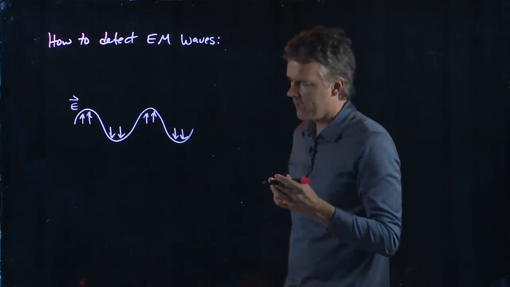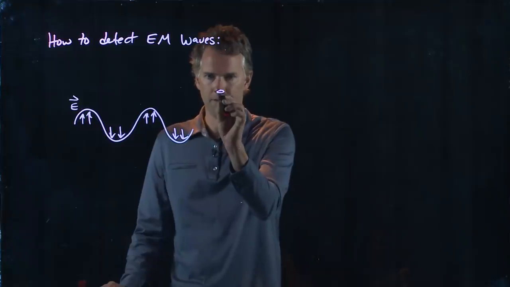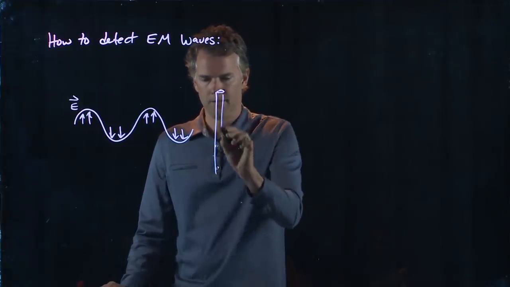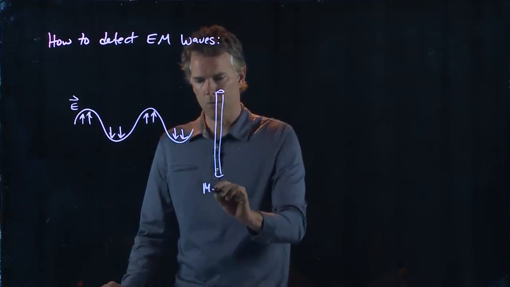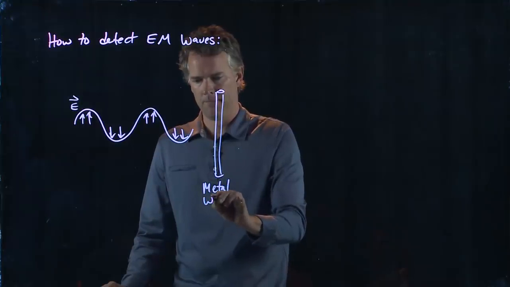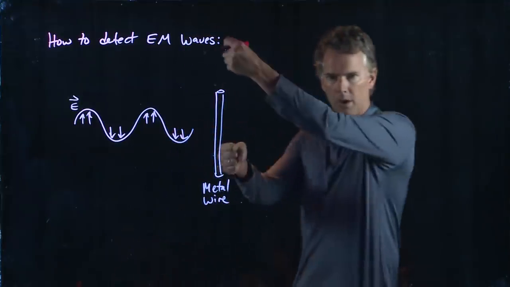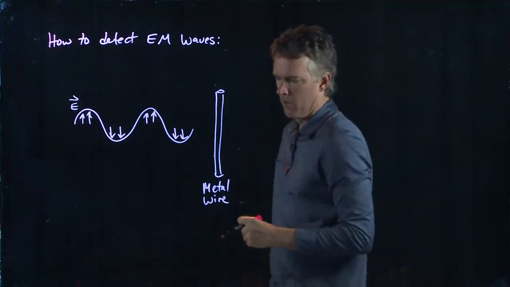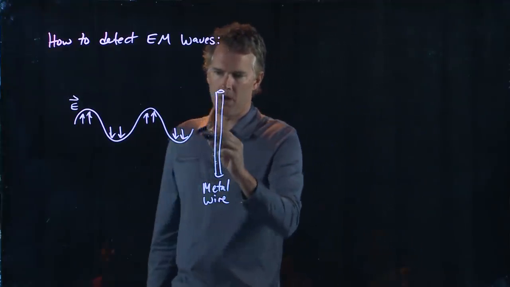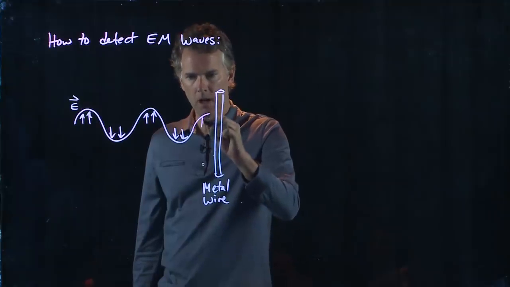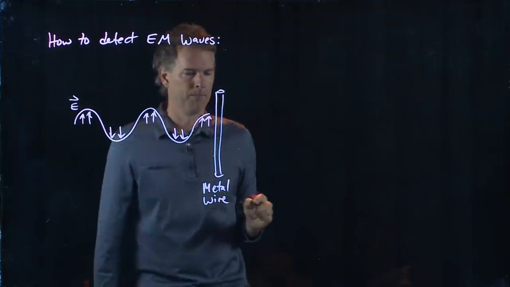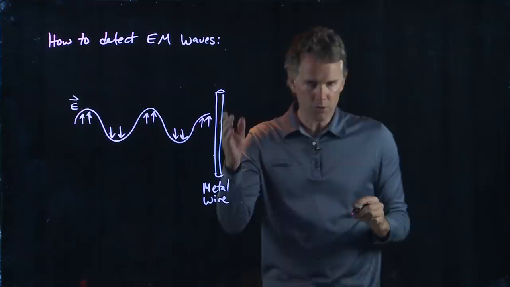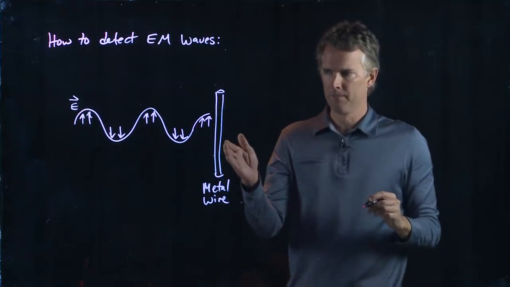So, let's take a wire. Metal wire. And let's just hold it up right there in space. Okay? When the electric field comes along and it is pointing up, what happens to the charges in the wire?